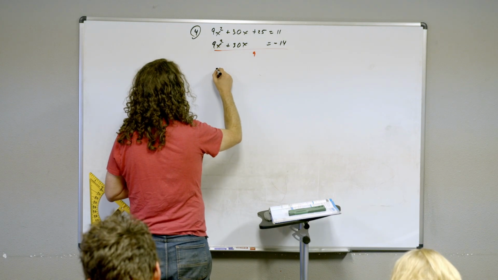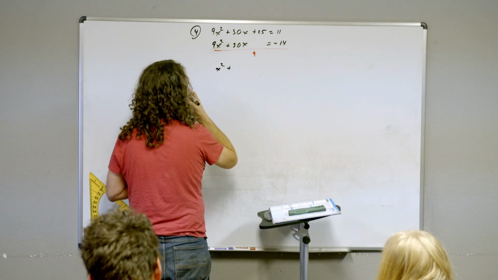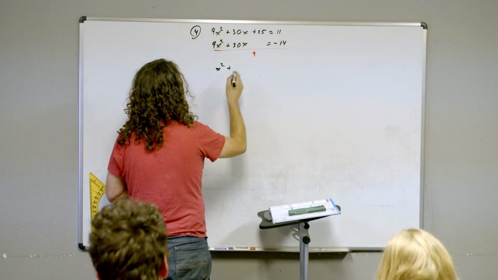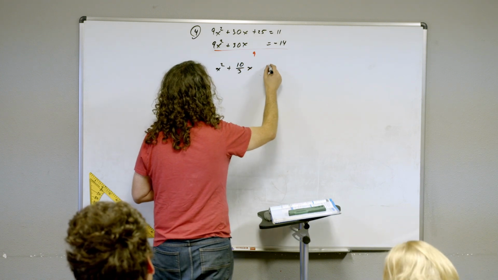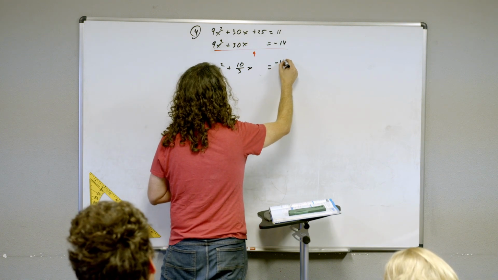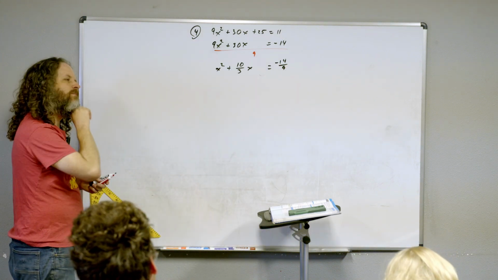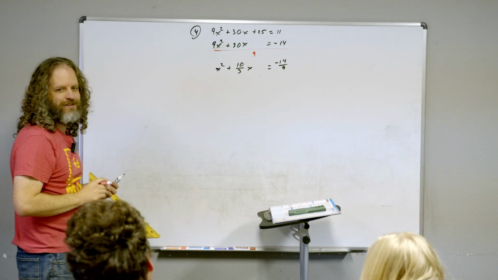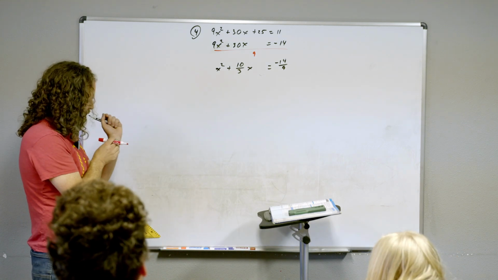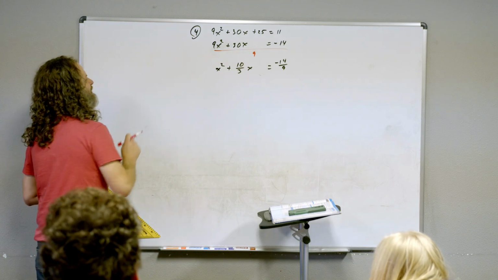And then we have x squared plus 10 thirds x equals negative 14 ninths, right? Sure. Sure yes, or sure I'm being obnoxious, or sure you got it wrong and good luck? Sure being obnoxious.